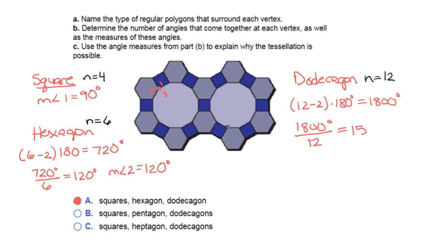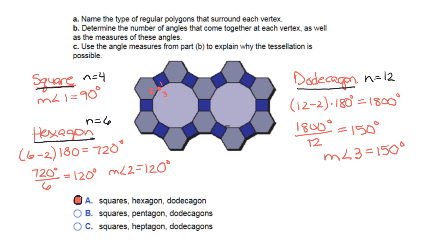This leaves me 150 degrees. So the measure of angle 3 is 150 degrees. So for part A, our shapes will be a square, a hexagon, and a dodecagon, and therefore we chose the answer A.